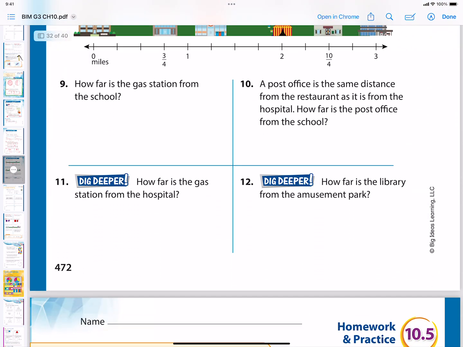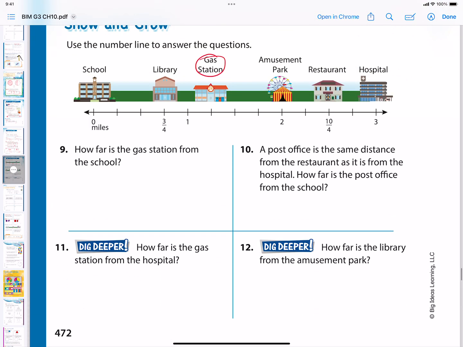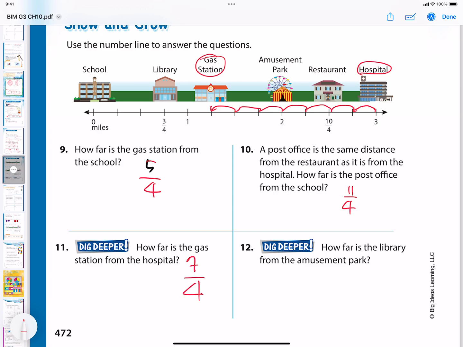So the answer was 5/4, 11/4, and now we are doing this one. How far is the gas station from the hospital? I'm counting backward. 1, 2, 3, 4, 5, 6, 7. 7 over 4, because the one whole is split into 4 equal parts, remember, right?